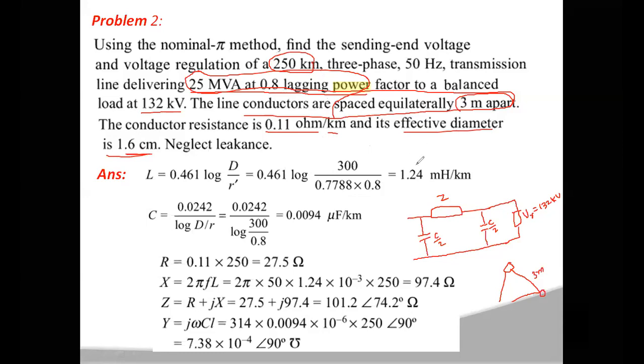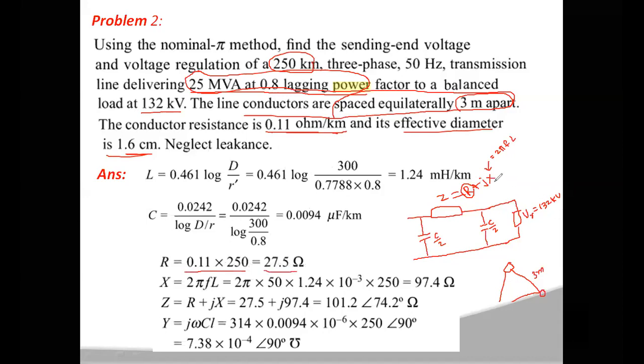Now Z is nothing but R plus jX, where X is the reactance of the transmission line, which can be written as 2 pi f L. The total resistance R is calculated by multiplying 0.11 ohm with 250, so you get the total resistance as 27.5 ohms.